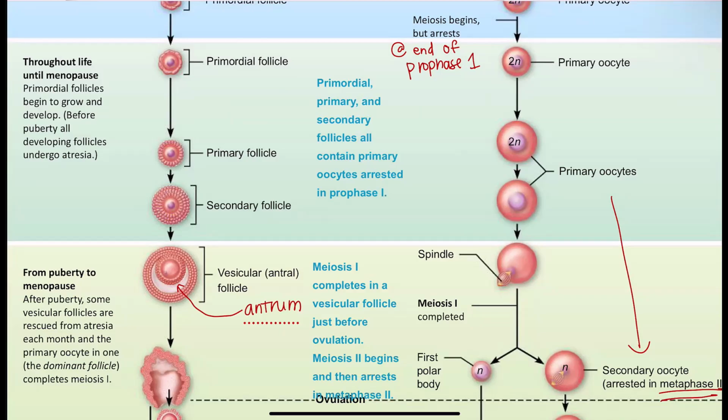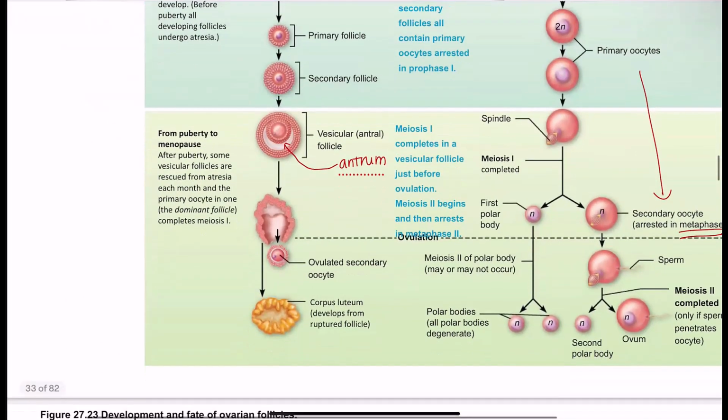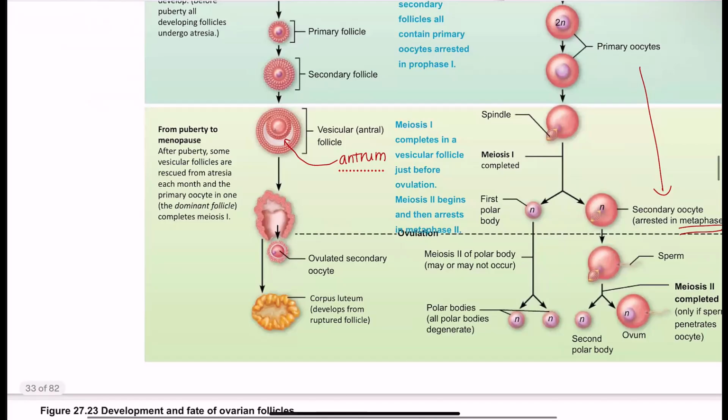Not all follicles will be ovulated. Many of the follicles and the oocytes will undergo apoptosis in this process called atresia. So I'm going to write this to the side. Not all follicles are ovulated, like released into the uterine tube, right?